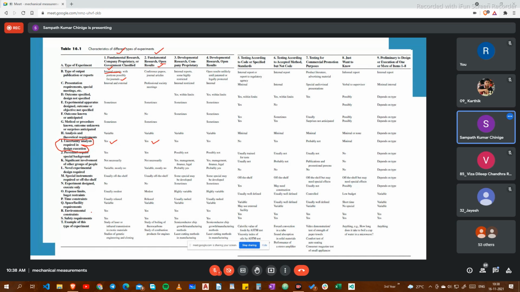Okay, so studies of genetic engineering and cloning. Replicating the same kind of body is what we call cloning, or genetic morphing. So you are trying to genetically morph certain things. When you want to do such things, what are its effects on the environment? That also becomes important. For example, if it is an open type, the examples are study of boiling of fluorocarbons and study of combustion products for engines.